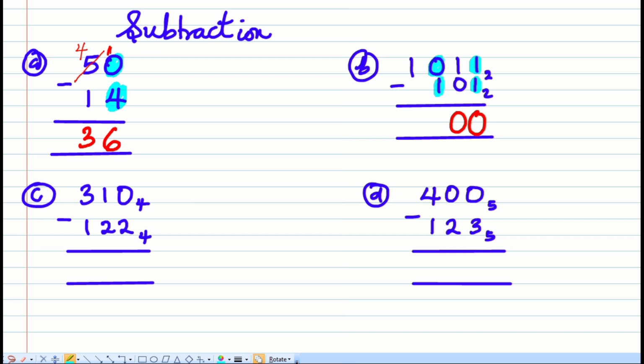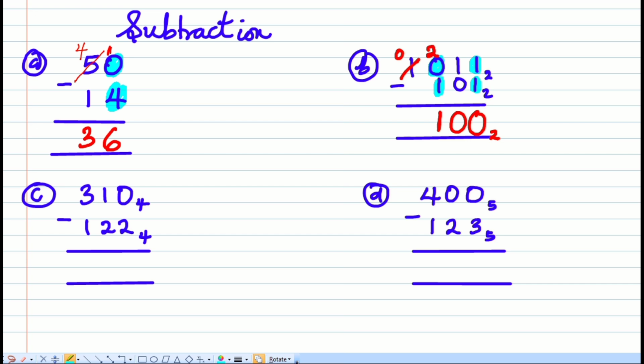You can't subtract 1 from 0, so you have to borrow. We are going to borrow from this one, which is going to remain 0 there. Because it's in base 2, just like in base 10 when we borrowed 1 it became 10, in base 2 when we borrow, it's going to become 2, because that's the base. So we now have 2 minus 1 to be 1, and our answer is 100 in base 2.